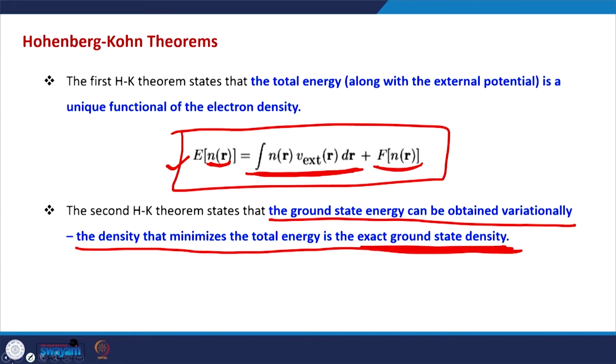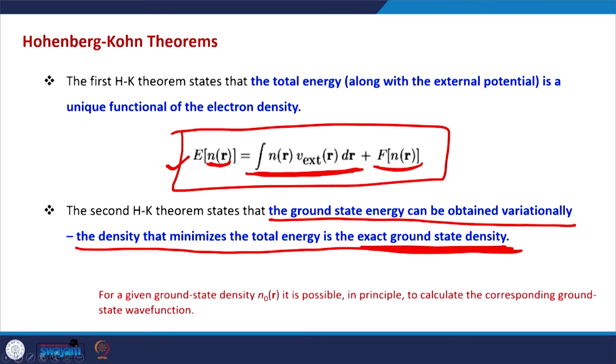And one of the side results of these HK theorems is that from the ground state density of electrons, in principle it is possible to calculate the corresponding ground state wave function.